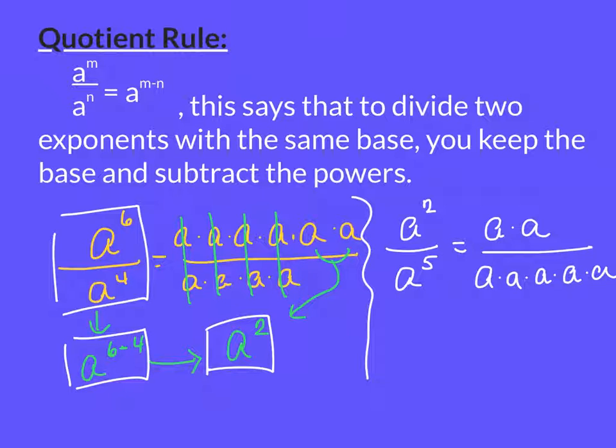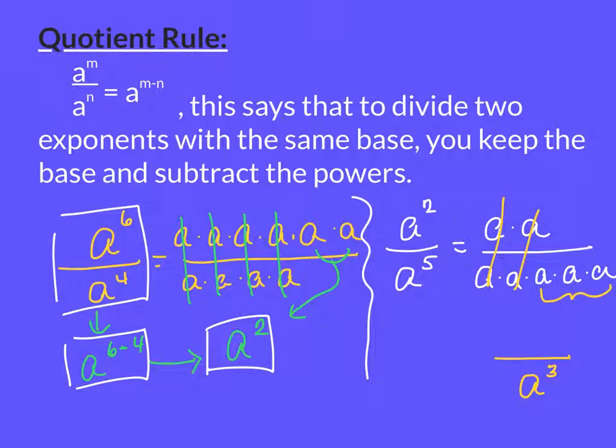I take that same step, I cancel them, and I'm left with just these 3 a's on the bottom. What's going to happen there? So there's my division bar, or the fraction bar, it remains. I've got a to the third power on the bottom. What do I have up here?